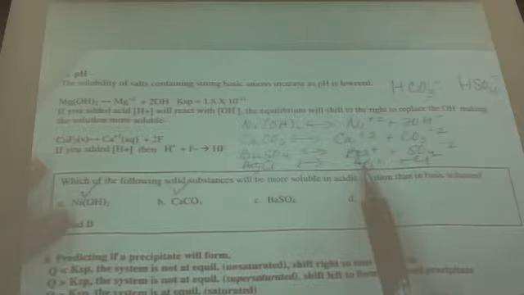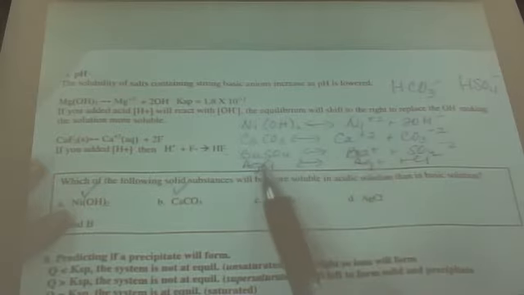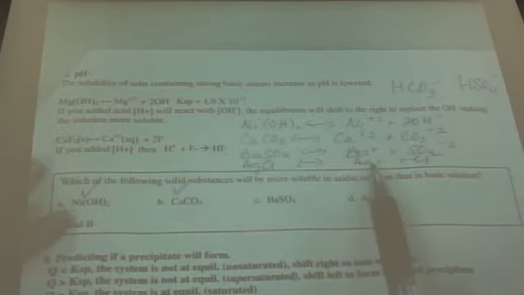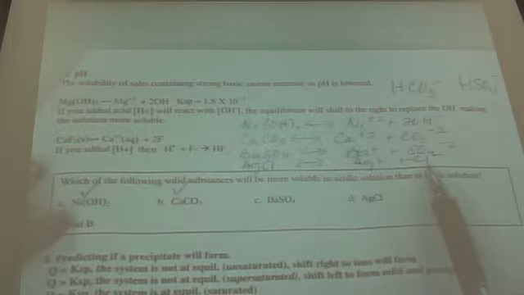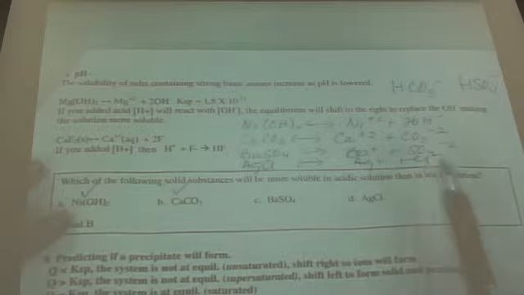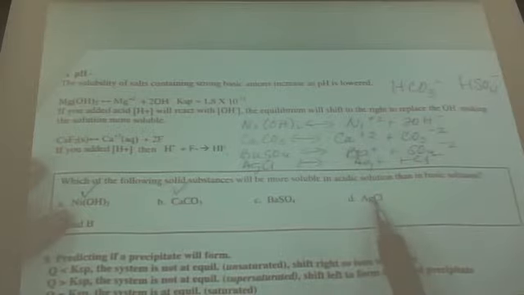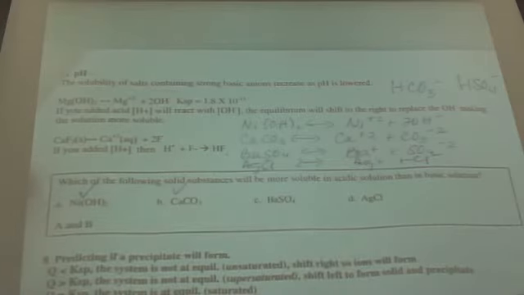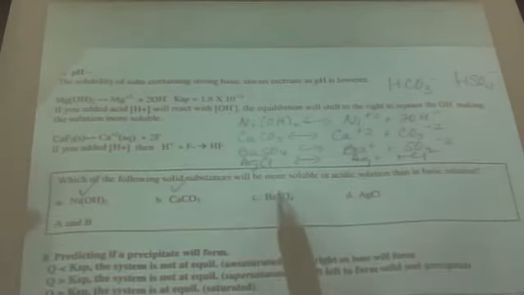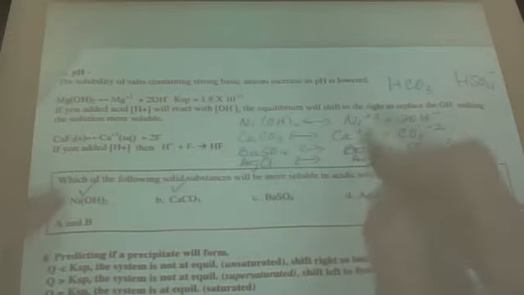AgOH, soluble or insoluble? Insoluble, so in a basic solution it would be more soluble, yes? What would happen here? HCl, which would dissociate into H and Cl. Okay, so this would actually be more soluble in basic than in acidic. So these are the two correct answers.